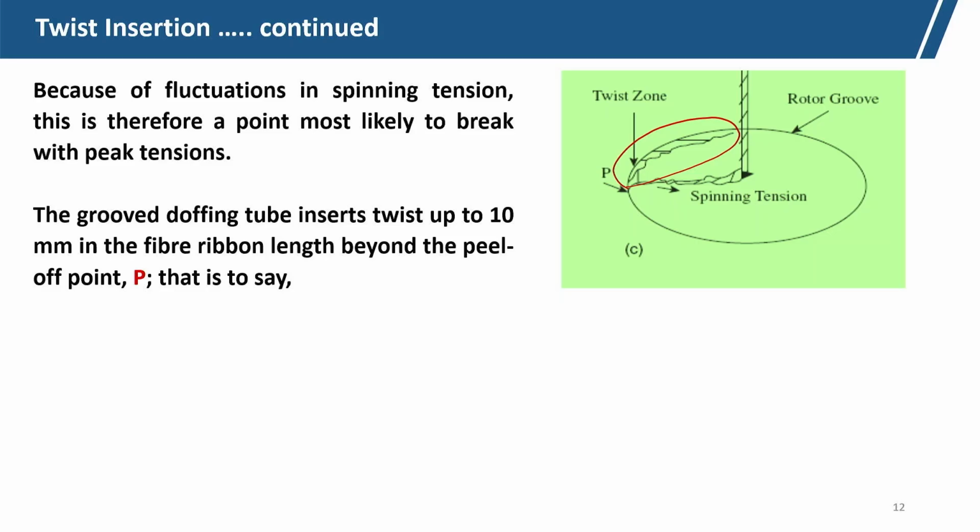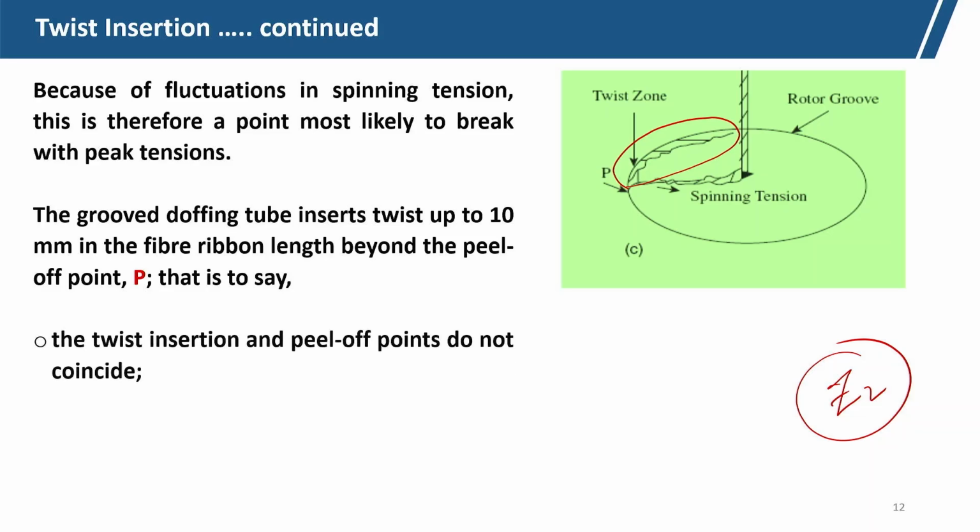When you use a grooved dropping tube with Z2 additional twist, the twist is actually inserted up to approximately 10 millimeter in this zone, beyond the peel off point. So, twist insertion and peel off point do not coincide.